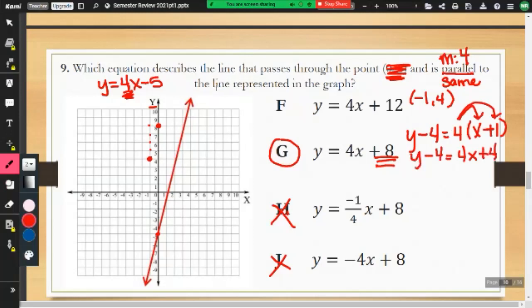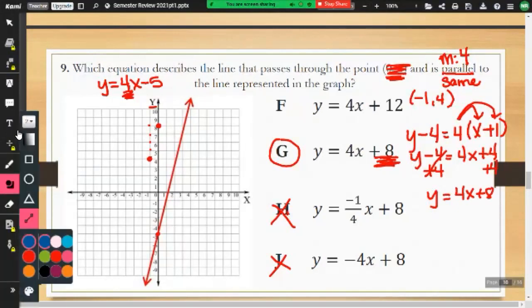So -4 becomes +4, and you add it to the end, not to the slope. The slope never changes. And you get 4x, and there's your 8 again. 4 plus 4 is 8. So when you're provided a graph, it does make it easier. So make sure you use that to your advantage if you're given a graph. Okay? If not, now you know what to do. Point slope form.